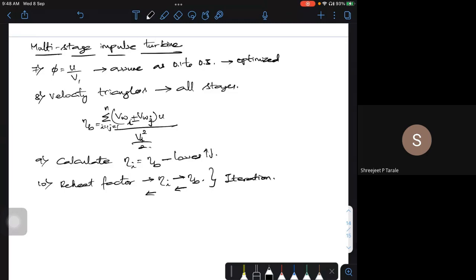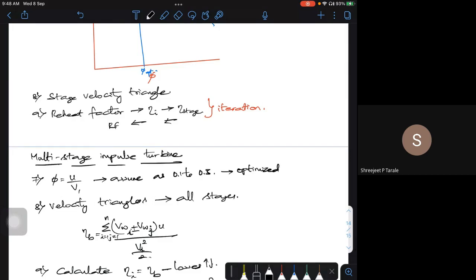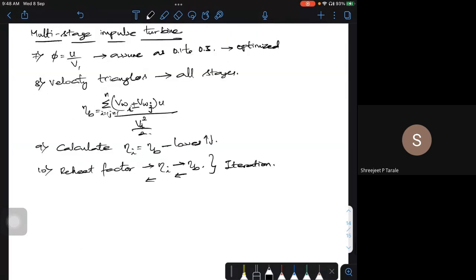Whatever they were trying to do for the single stage, they do the same thing for multiple stages. The way it is going to change is actually these two things. The way it is done in steps 7 and 8 is a little bit different, because the blade efficiencies are going to change as I move from one stage to the next stage.